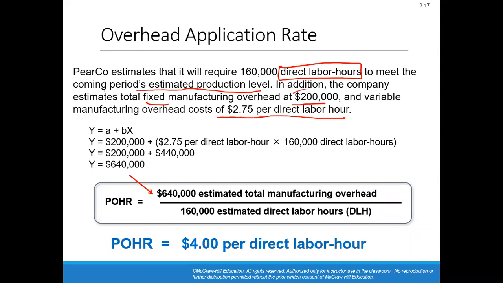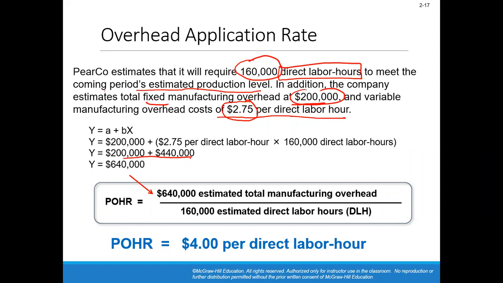It will be 200,000 plus 160,000 direct labor hours multiplied by the rate of $2.75 per direct labor hour. The summation will be 640,000.